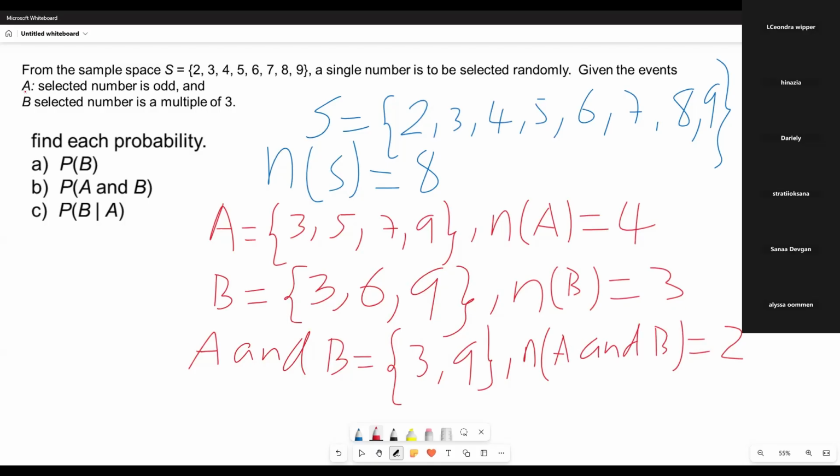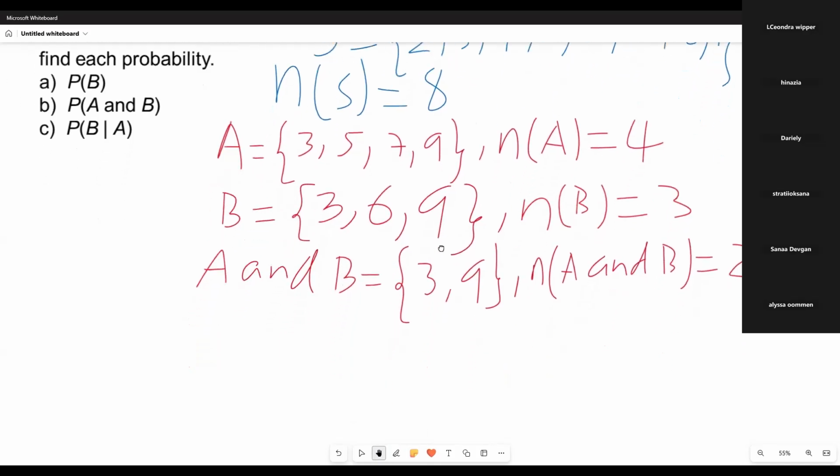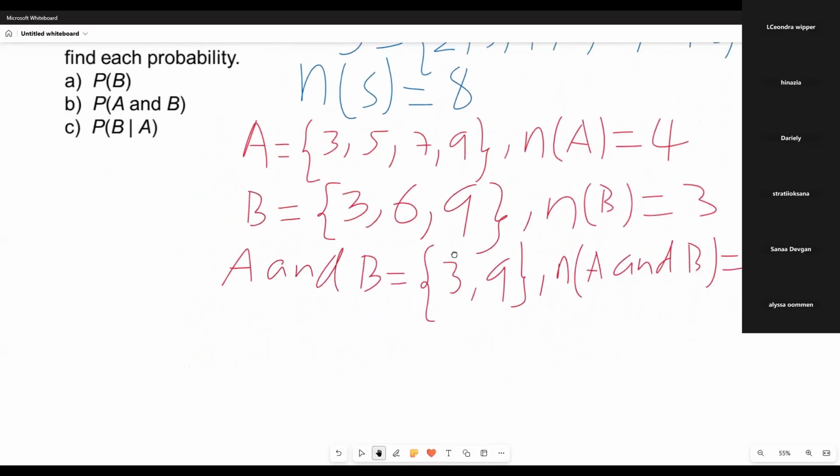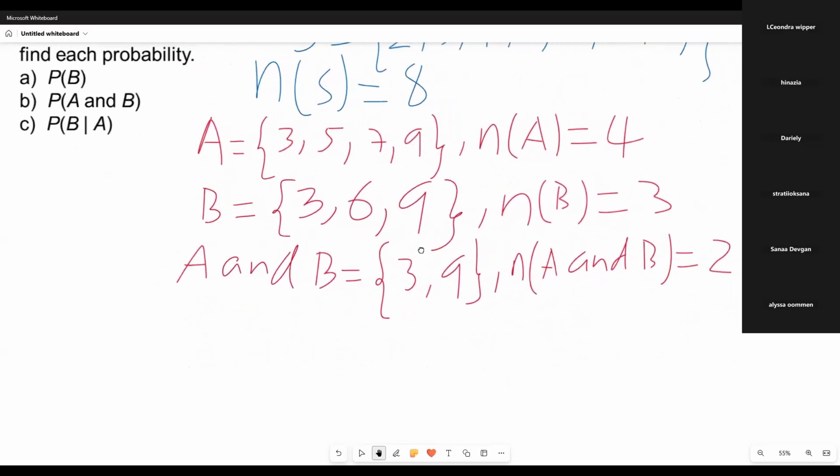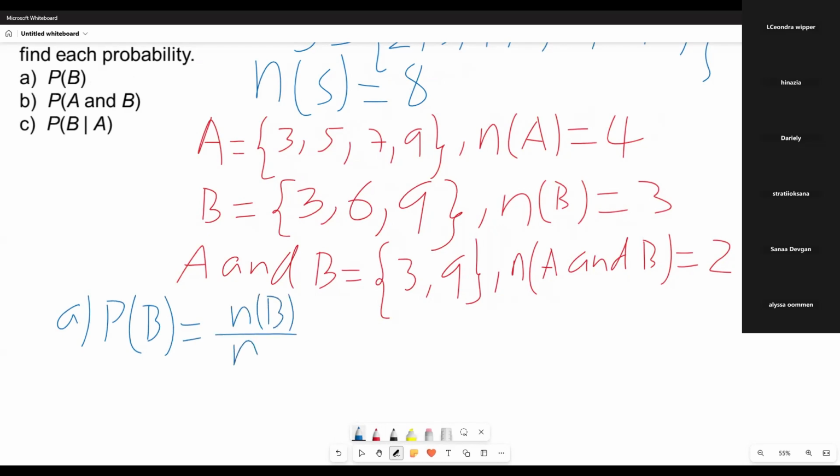Now they ask to find each probability. The first one, they ask you to find P of B. P of B will be N of B over N of S. N of B is 2 over 8. N of S is 8.